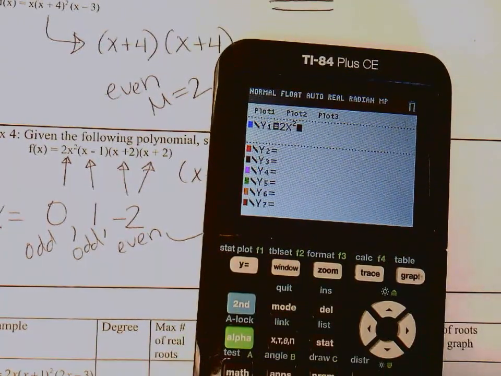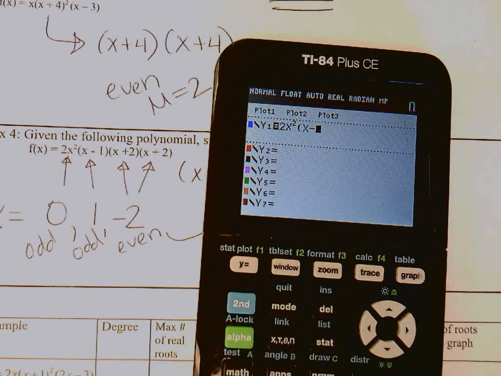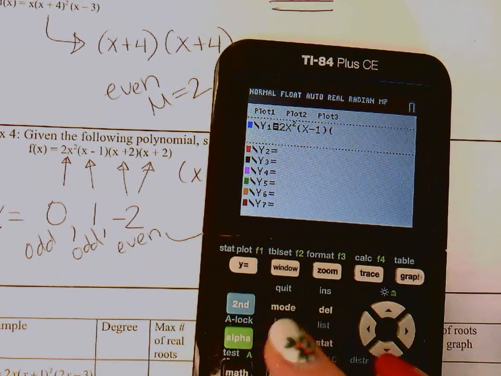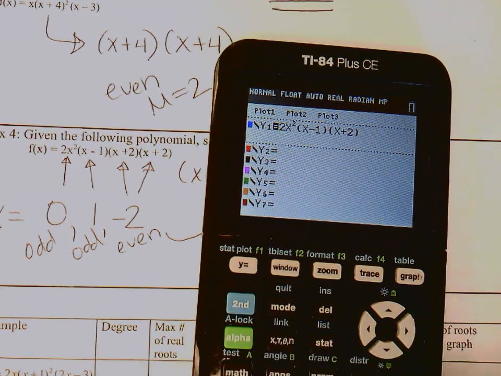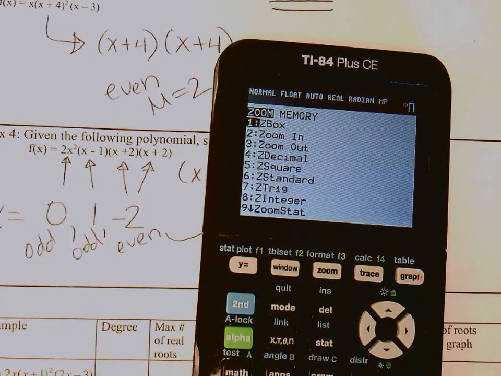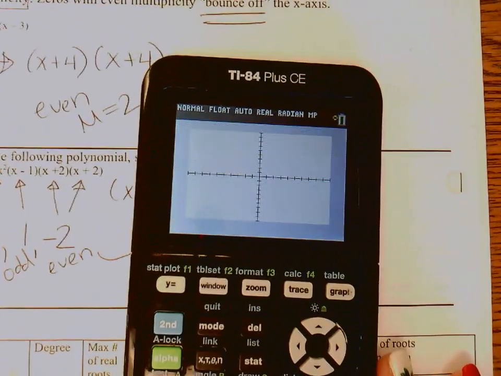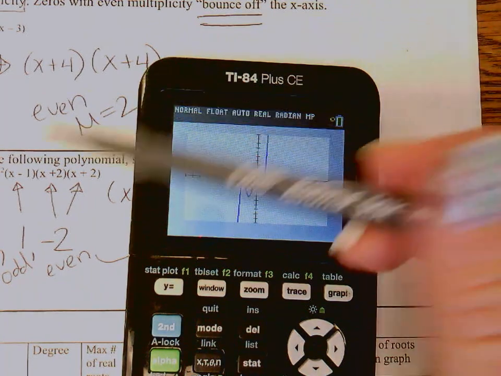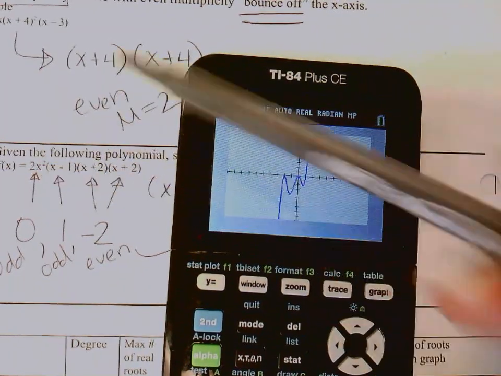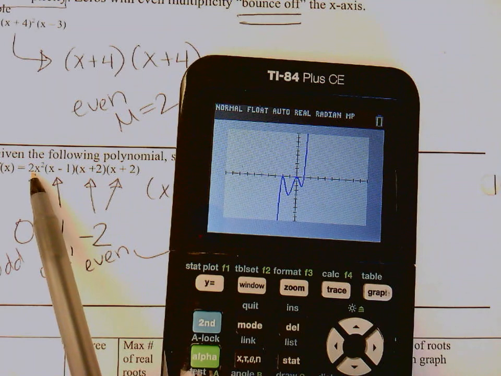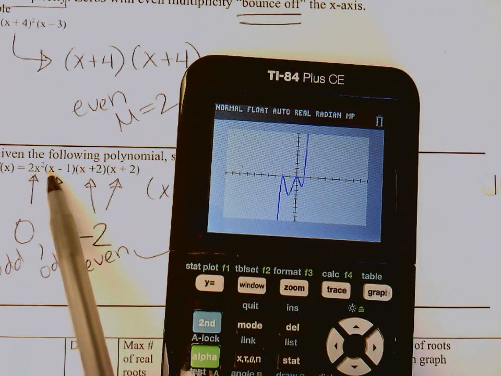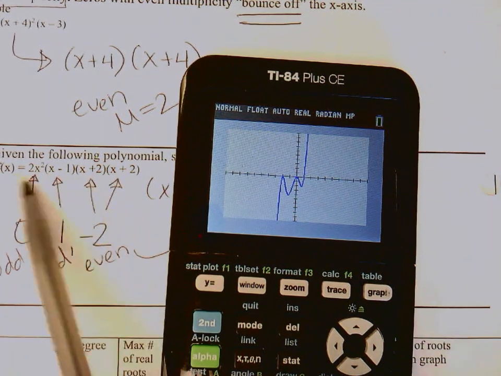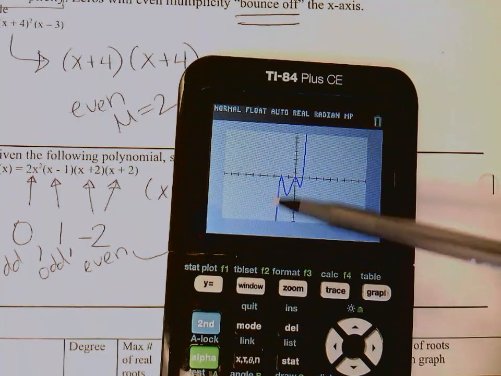2x squared times (x minus 1) times (x plus 2) squared. I don't know how big this function is, but we know that our right side of the graph is going to go up because the leading coefficient was 2. What's the degree of this function? X squared, x cubed, x to the 4th, x to the 5th is odd, so the left side is pointing down.